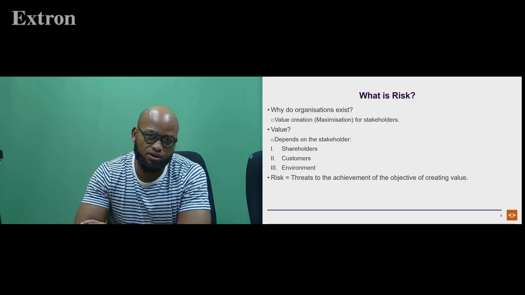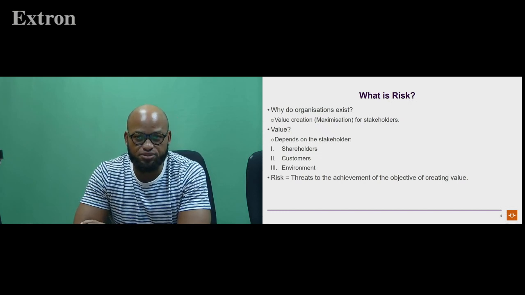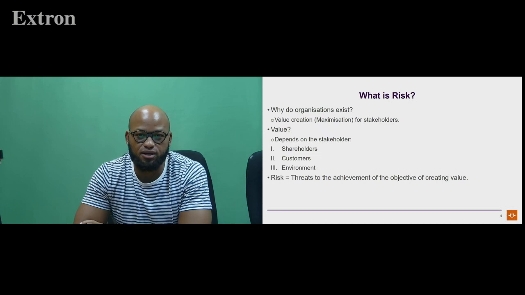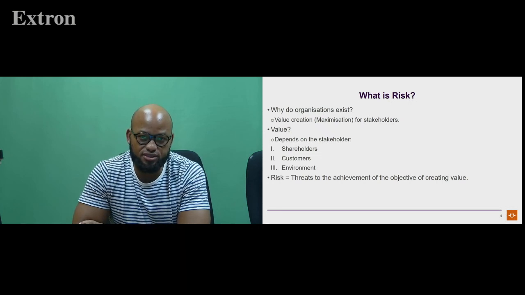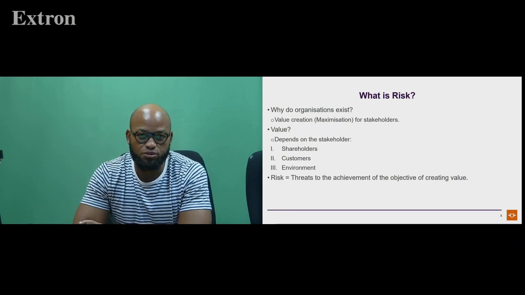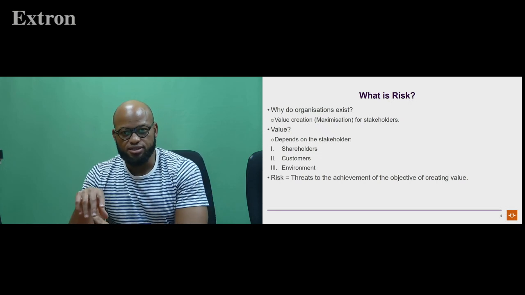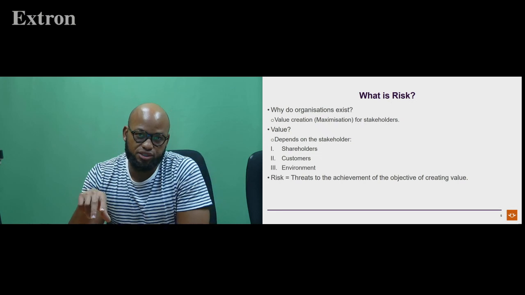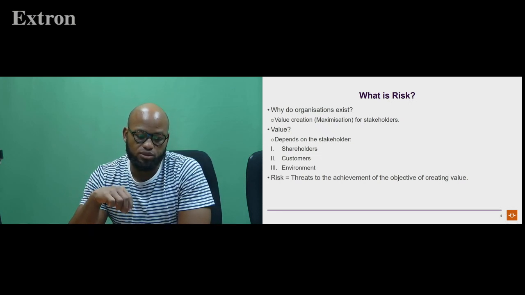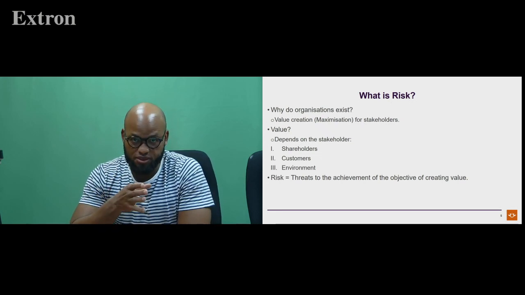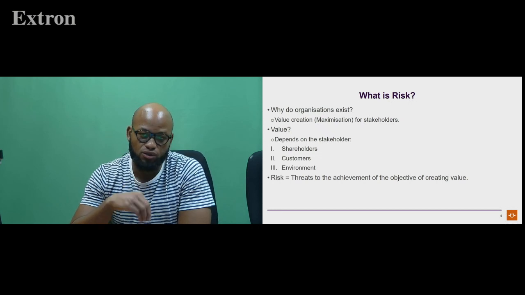See if you can think about examples of other types of stakeholders. Maybe the government, in terms of the revenue services in our country, that will be a stakeholder. In later lectures, we will focus specifically on the idea of stakeholder and stakeholder management.